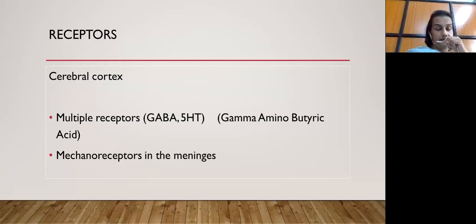Also, GABA receptors are postulated because in some cases you can have anticipatory nausea, or anxiety associated with nausea, causing nausea and vomiting. That's where we give benzodiazepines for nausea and vomiting, which act on GABA.